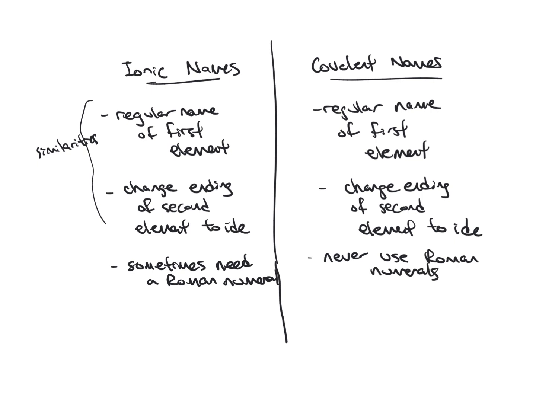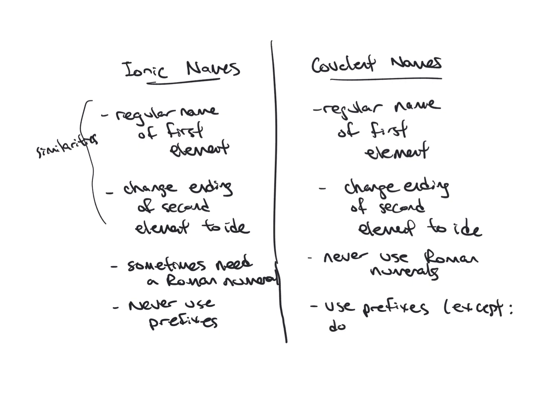However, for covalent compounds, you need to use prefixes. Whereas for ionic, you never use prefixes. For covalent, you always use prefixes, except we do not use mono for the first element.